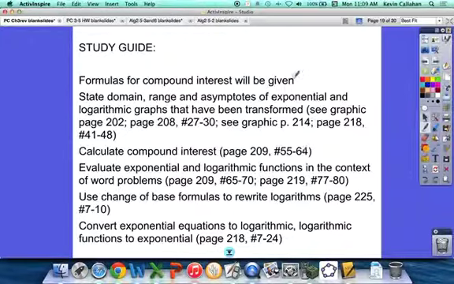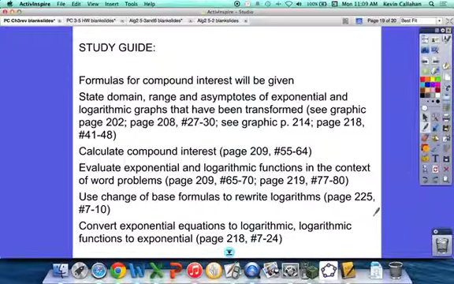Calculate compound interest, formulas given. Evaluate exponential and logarithmic functions, meaning just plug in for the variable on the right-hand side, calculate the variable on the left. Use change of base formulas to rewrite logarithms.